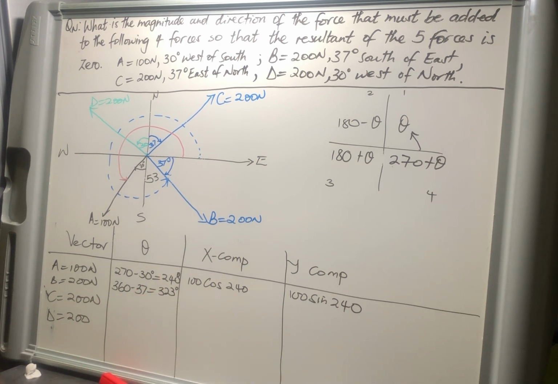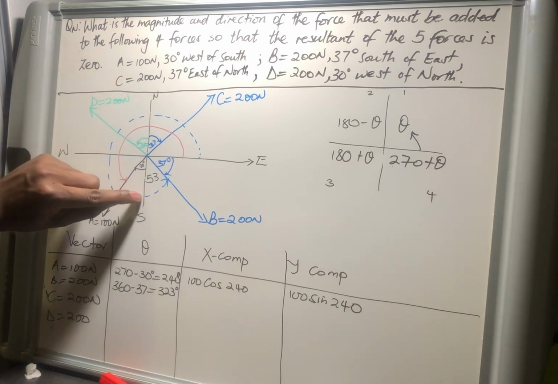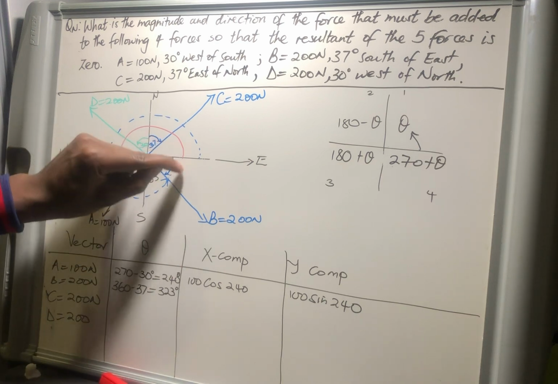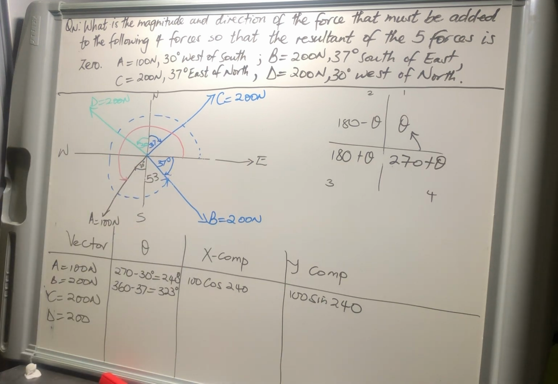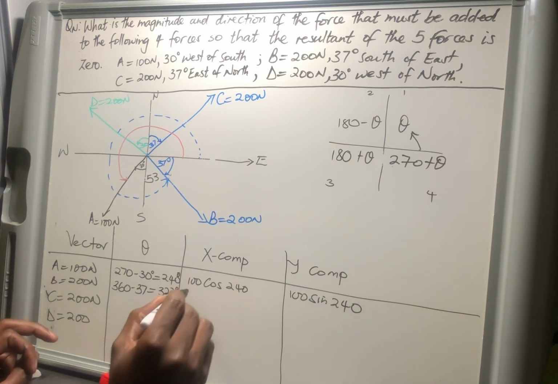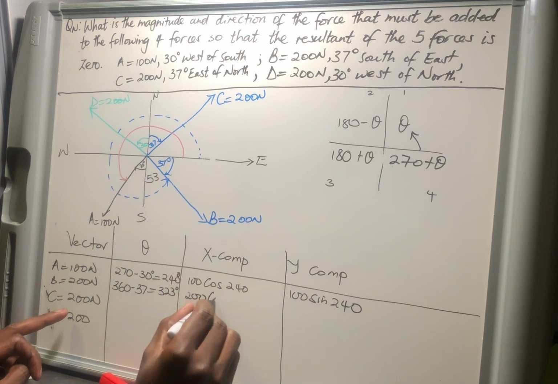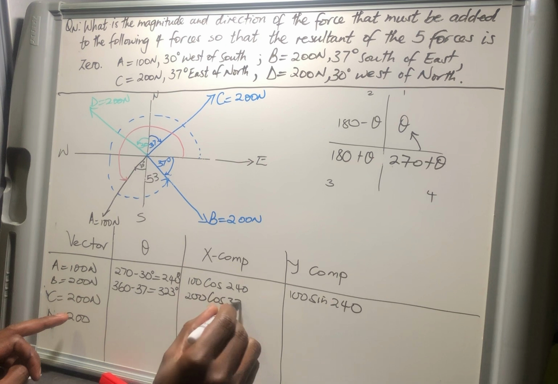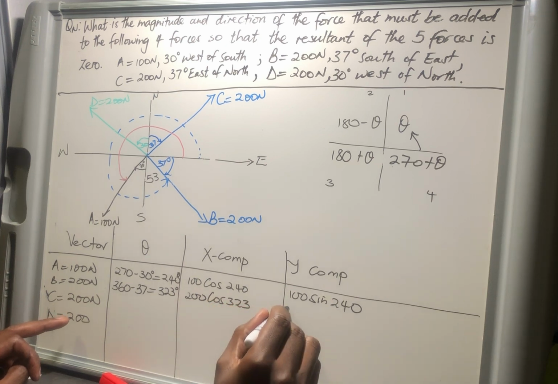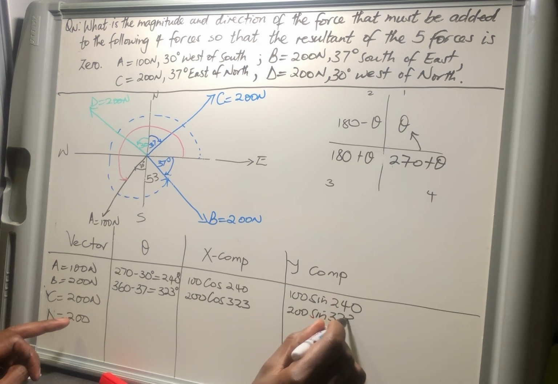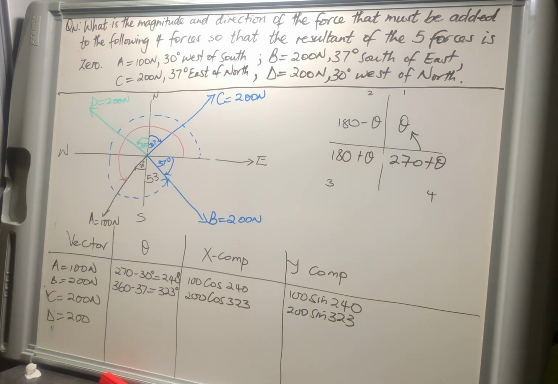So you can either say 270 plus 53, or 360 minus this one, and you still get the same answer. Then your horizontal component will be 200 cos 323. Here you have 200 sine 323.